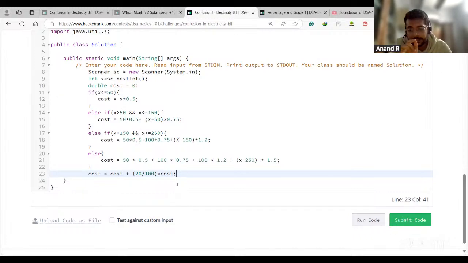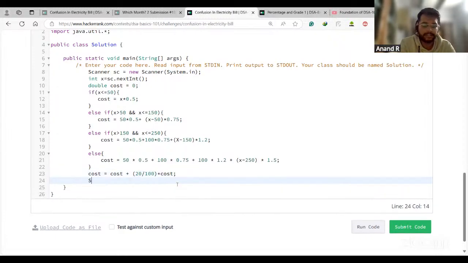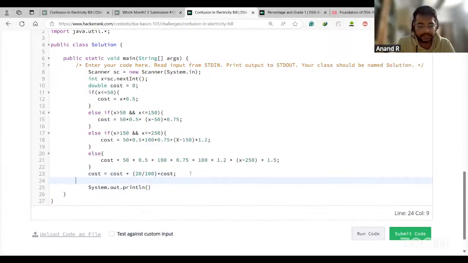See, integer by integer will always give you an integer. So let's take an example. What I'll do is System.out.println. Just for the learning purpose, I'm initializing 0.20.